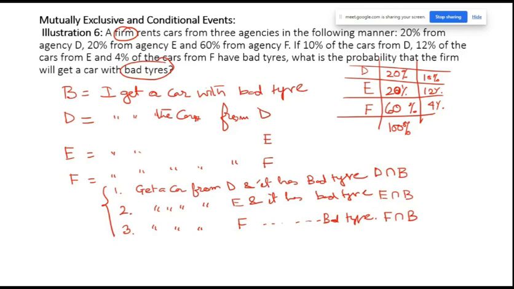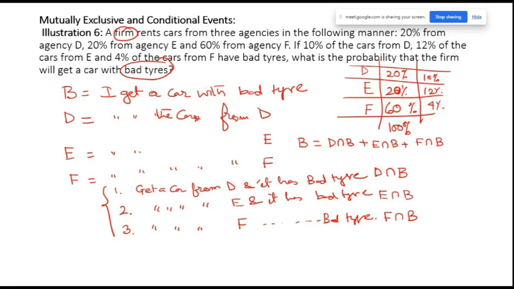Clear, sir. Okay. Now you see, ultimately my chance of getting a bad tire is equal to D intersection B plus E intersection B plus F intersection B. There is no other chance of getting a bad tire because there are no other agencies.